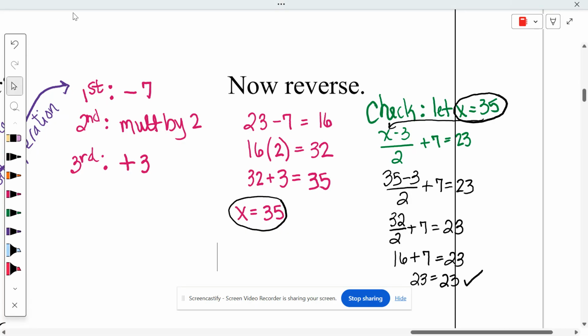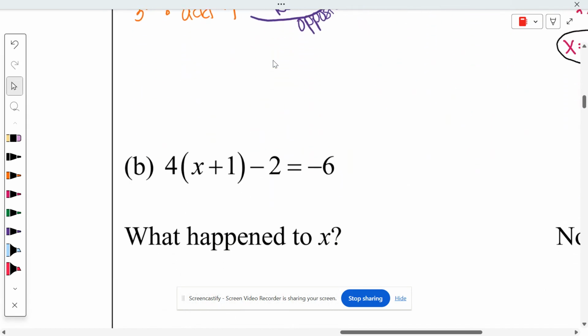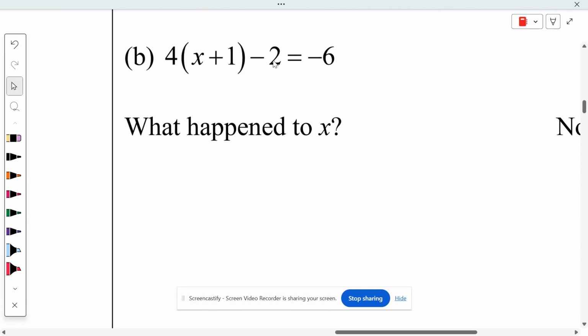Now, this concept of taking a really challenging equation, like in example A, and finding out what's happening to x and doing the reverse opposite operation is the same thing as using inverse operations. It just helps you think about what you need to do first. Okay? So let's do the same thing with example letter B. So what's happening to x?